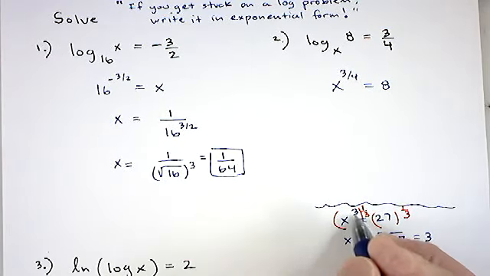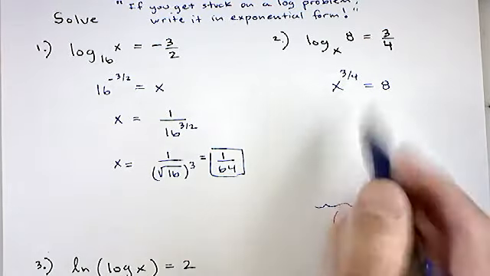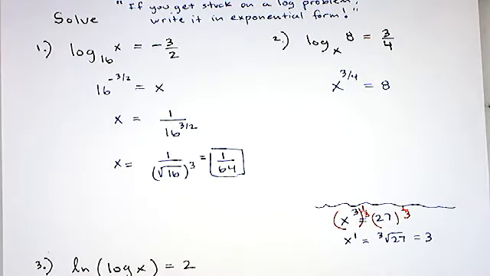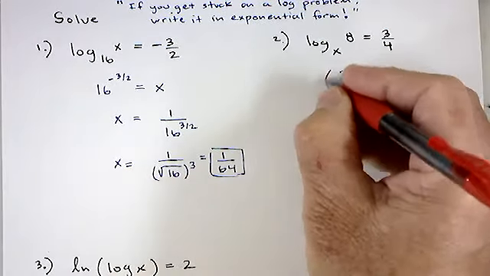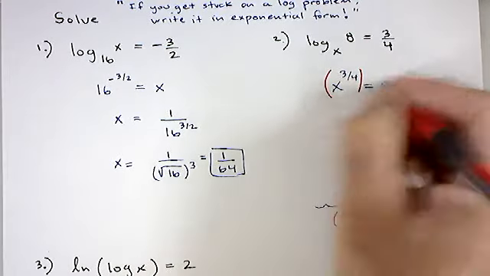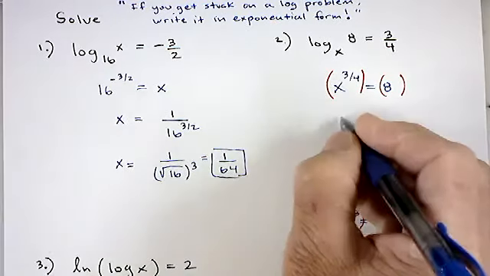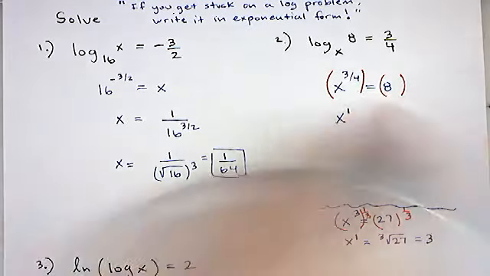What I wanted you to see here is anytime you're trying to solve an equation that's x to some power, if it's kind of weird like x to the 3/4, what you should be thinking about is what power you would raise both sides to in order to get x to the 1st, because that's always what we're trying to solve for.